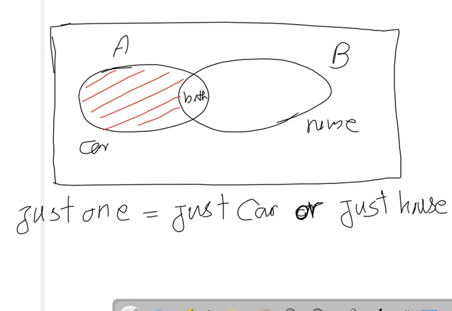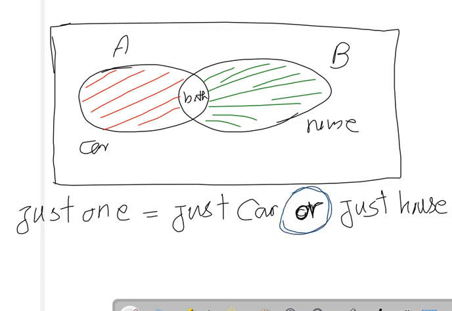Just house is here. Or is union. Just car and just house are disjoint.